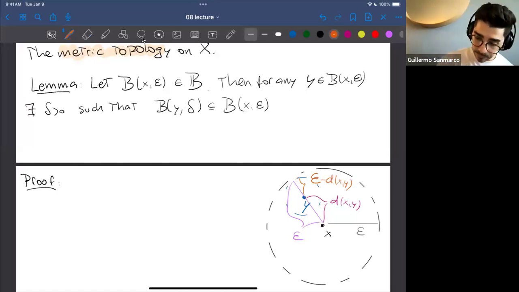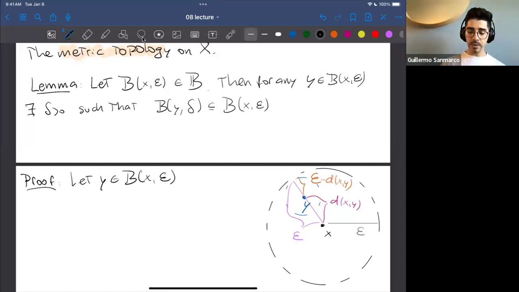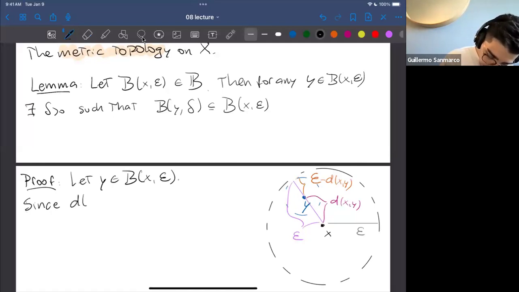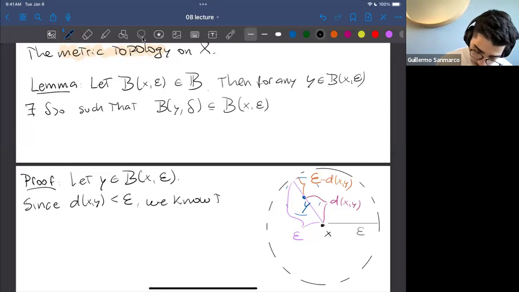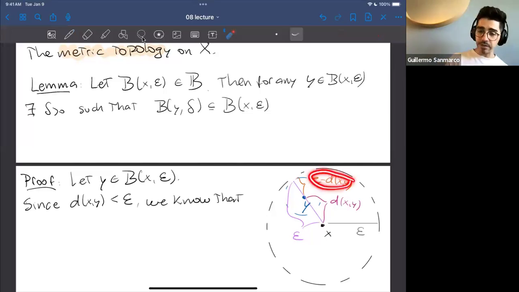And now let's write the proof. So let's take y in the open ball B(x, epsilon). What this means is that the distance from x to y is smaller than epsilon. Well, we know that this difference here is positive.